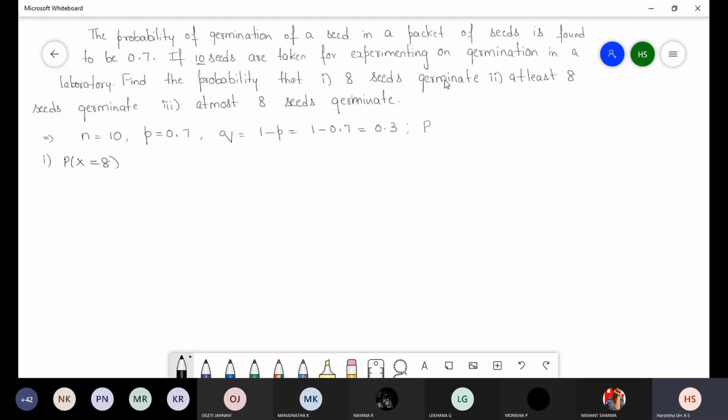Here you can write the probability function formula nCx p power x q power n minus x. So P of x equal to 8 means 10C8, p value is 0.7 whole power 8 because x value they have given 8, into 0.3 power 10 minus 8, which is 2. Find the value.